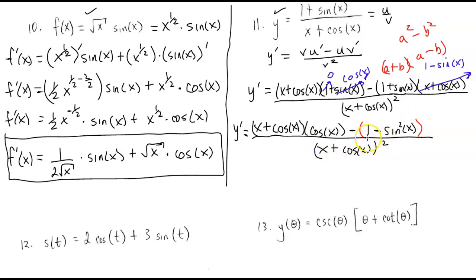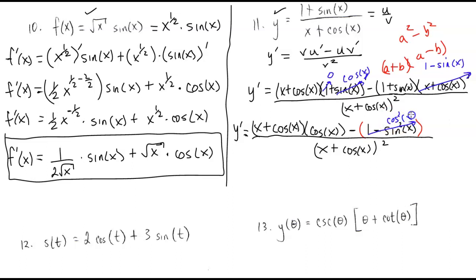All right, so notice that our 1 minus sine squared is a trig identity, and we know that 1 minus sine squared is just cosine squared.